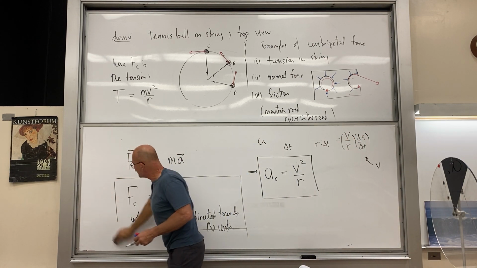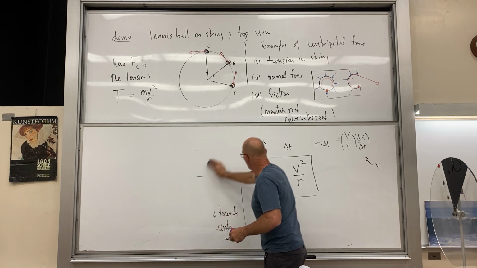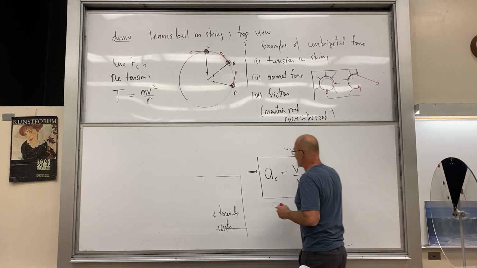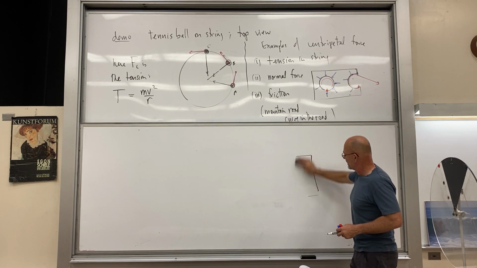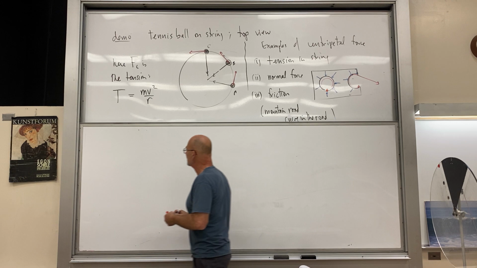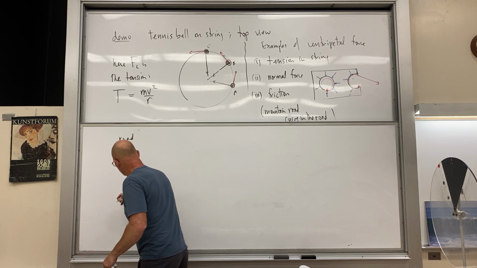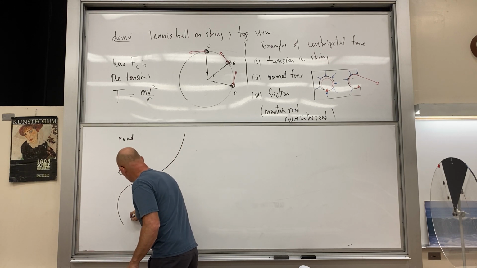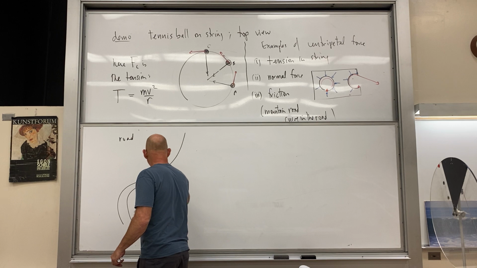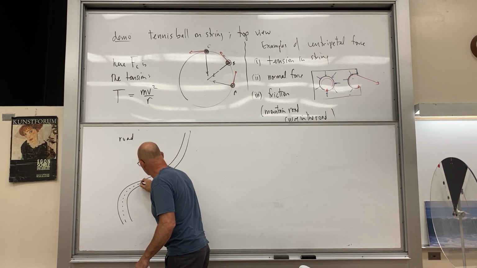I'm going to draw a top view of a curvy, windy road, and we'll analyze that. So good. This is the road, and it goes around a curve like this. So here's a tighter curve, bigger curve, and here's the center line.